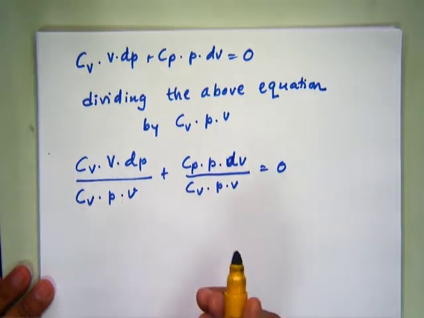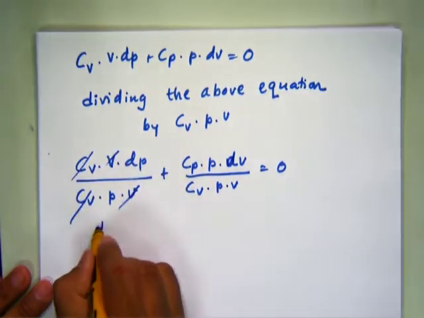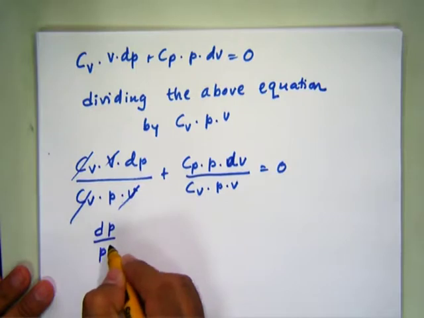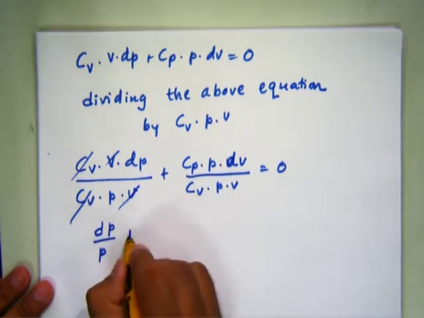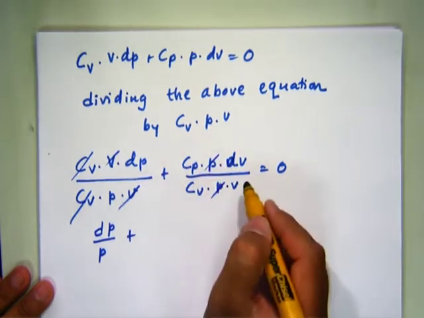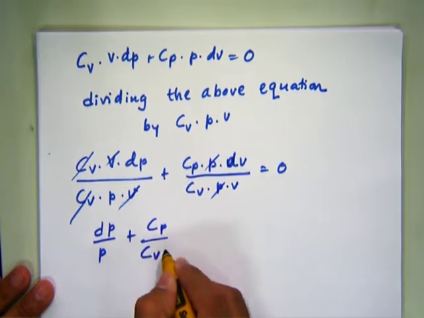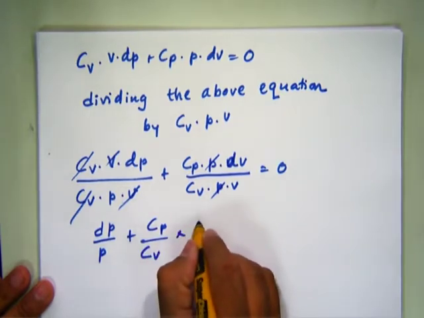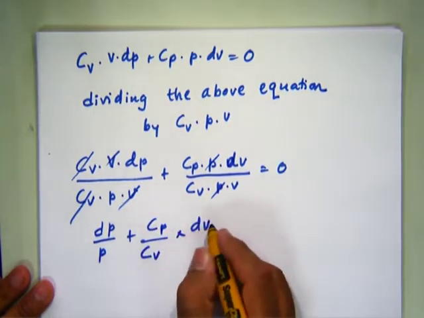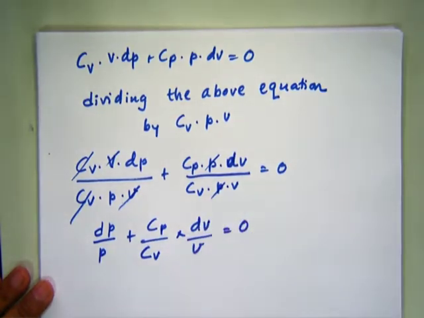Here this will be cancelled out. Left out is dP upon P plus, here P will be cancelled out, so Cp upon Cv multiplied by dV upon V is equal to 0.